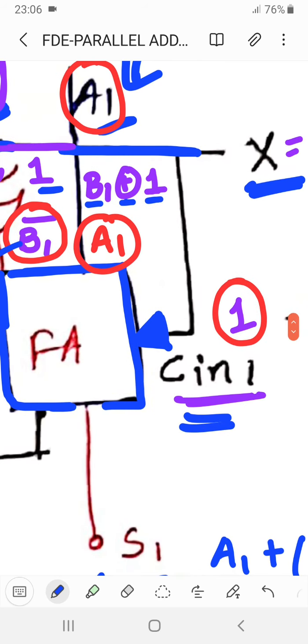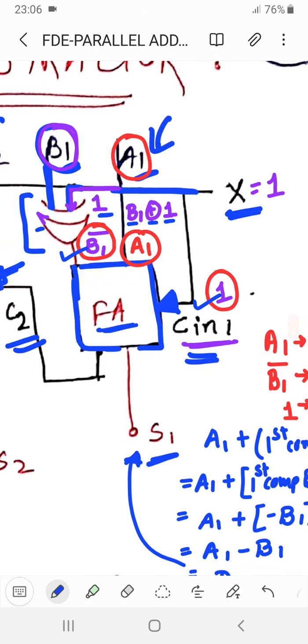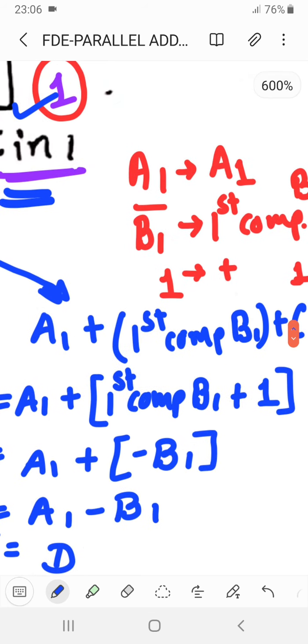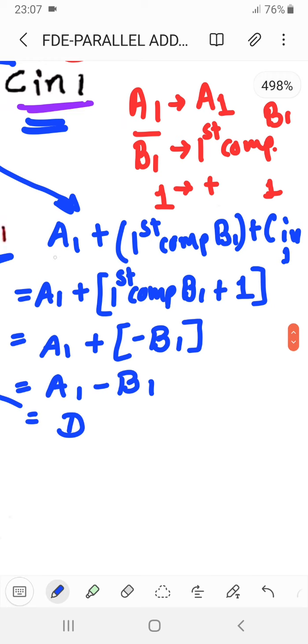At that time your C in is also 1. So exactly the operation in the full adder is like this, where you are adding A1 plus first complement of B1 plus C in 1.